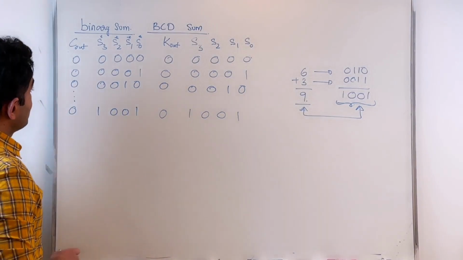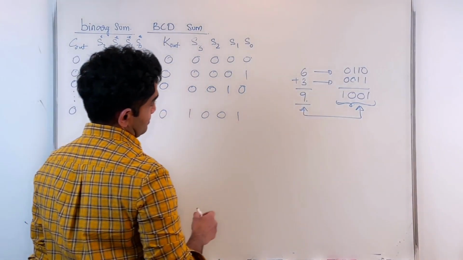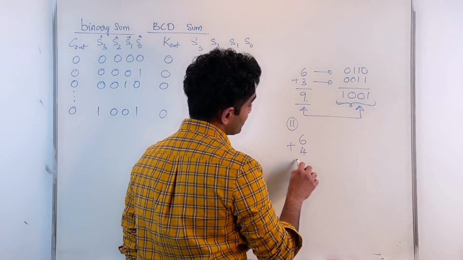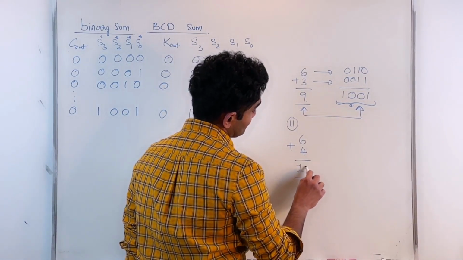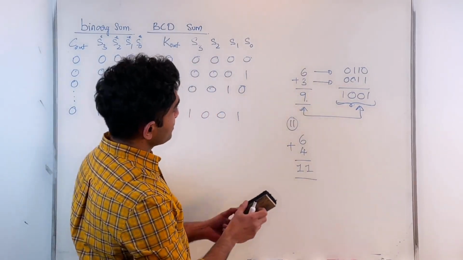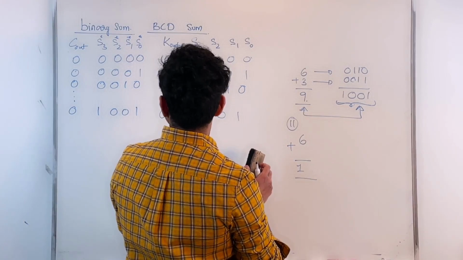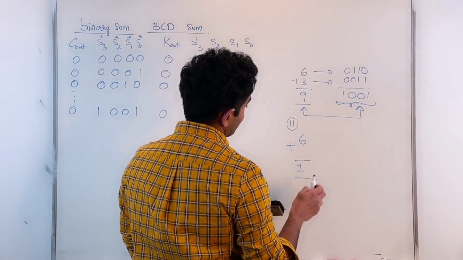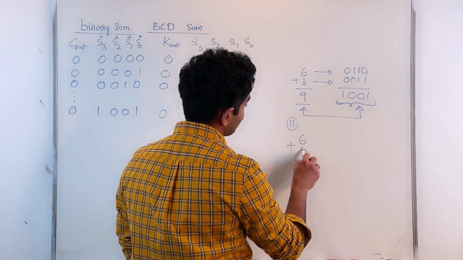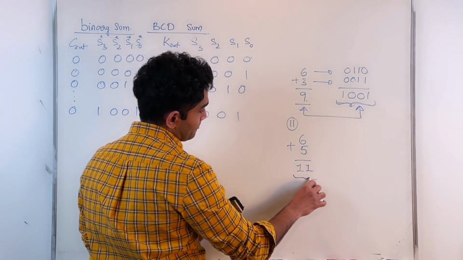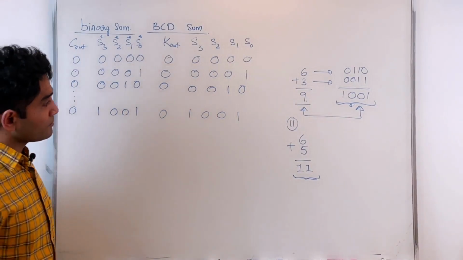Okay. What about 11? 11, which I can get by adding 6 plus 5. I get 11. That's my decimal sum.